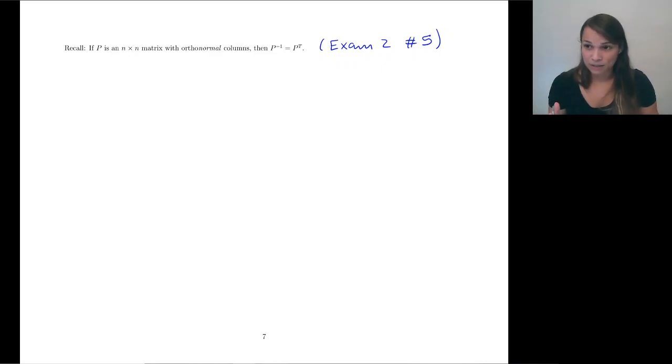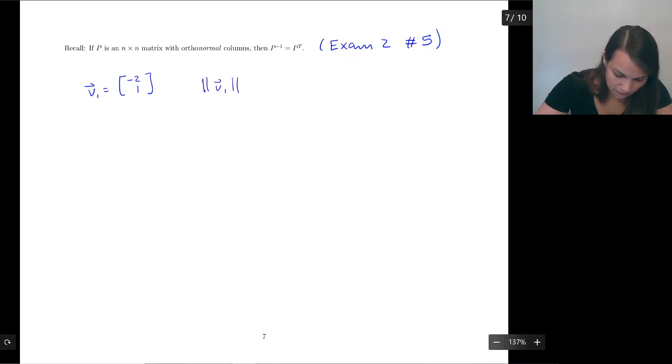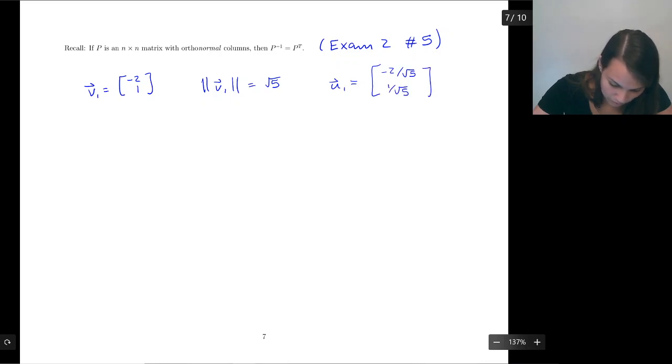All right. So let's see if we can get orthonormal. So eigenvector 1, that was -2 and 1. The magnitude would be equal to square root of 5, which means our unit vector would be -2 over root 5, 1 over root 5.